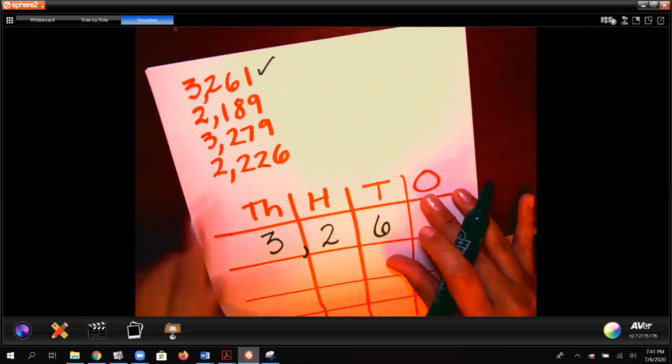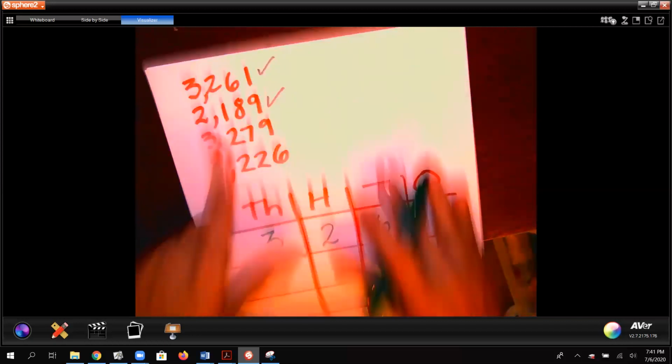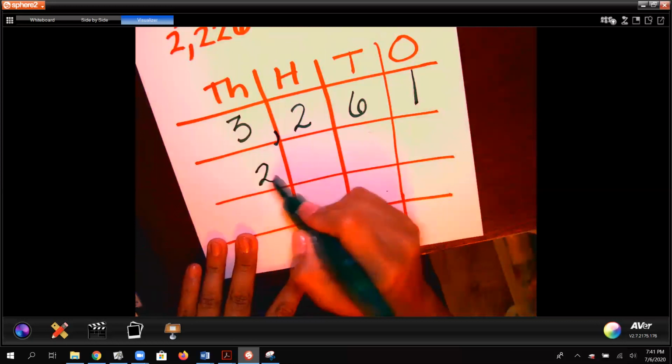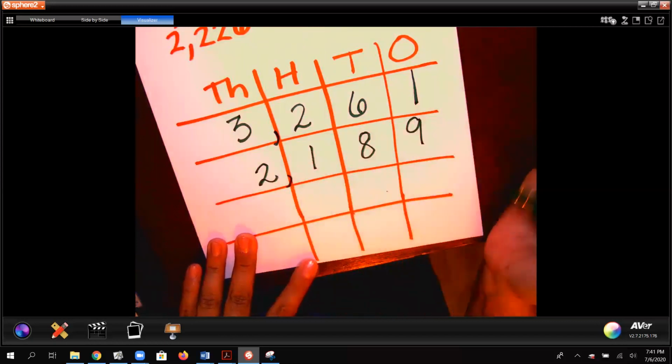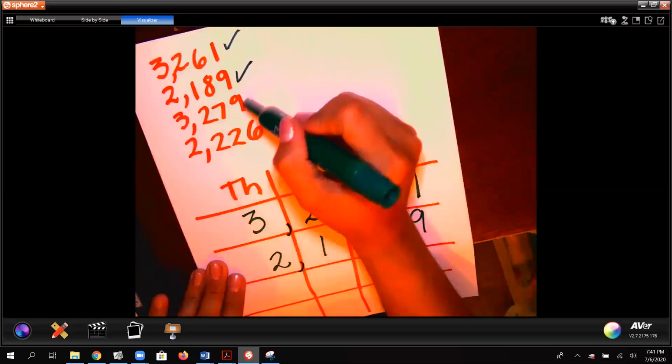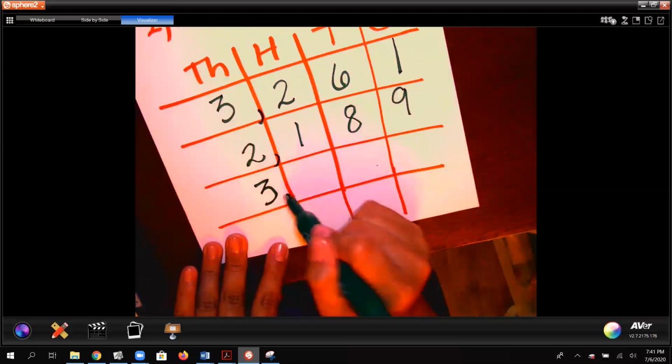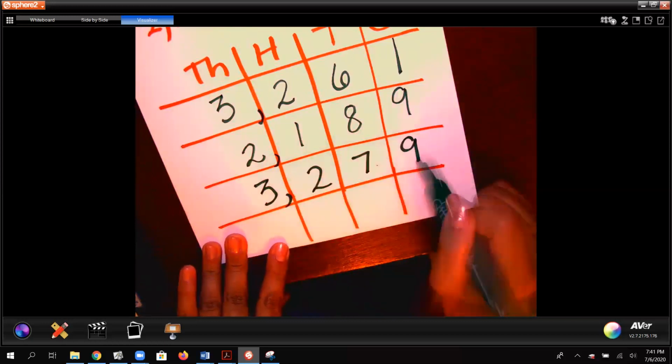Our next one is 2,189. Our next one, 3,279.